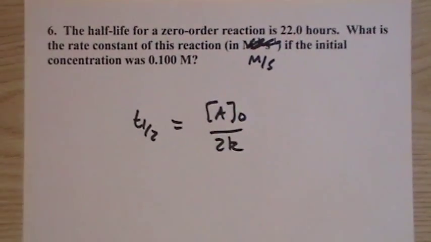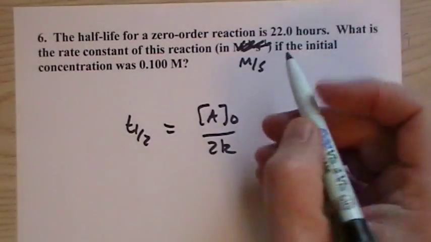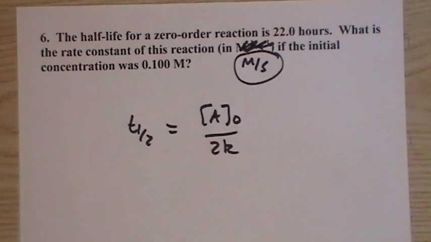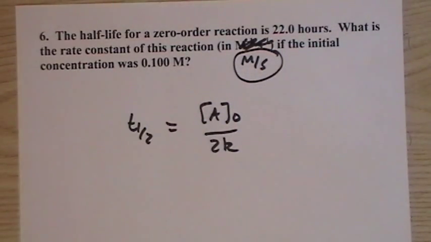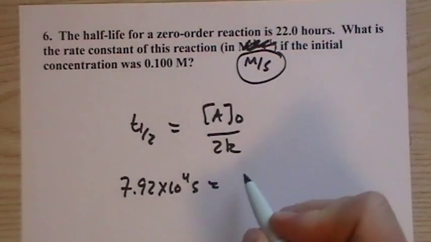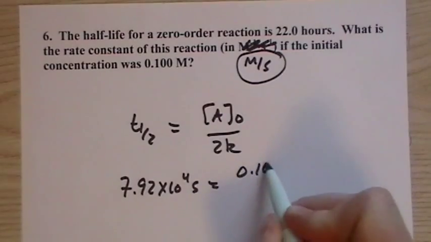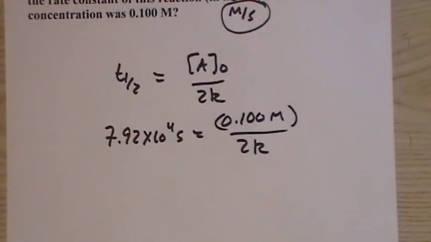So this time they gave us the time in 22 hours. We need the rate constant to be in molars per second, so we need to have the 22 hours changed to seconds. 22 hours, each hour is 3,600 seconds. So this should be 7.92 times 10 to the 4th seconds. The initial concentration is given here, over 2K.